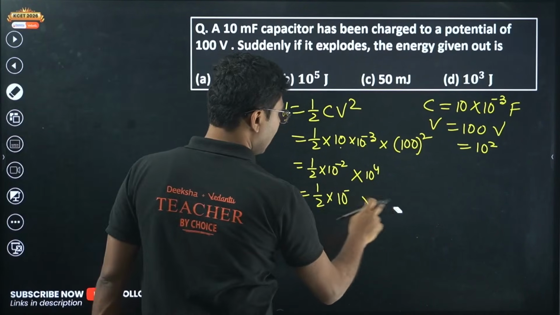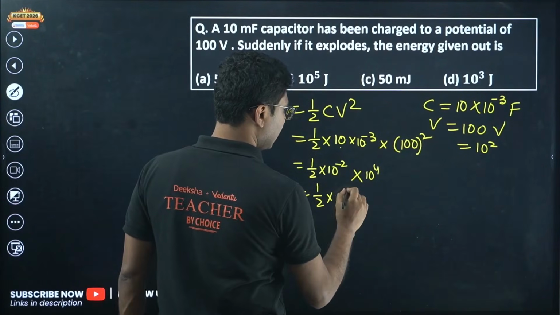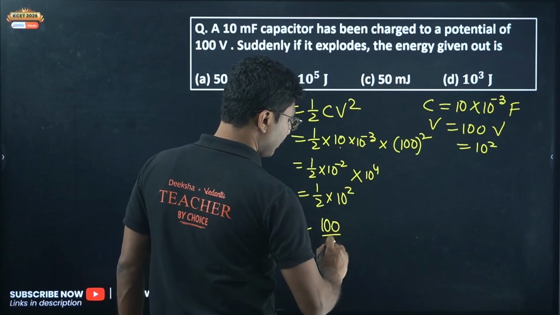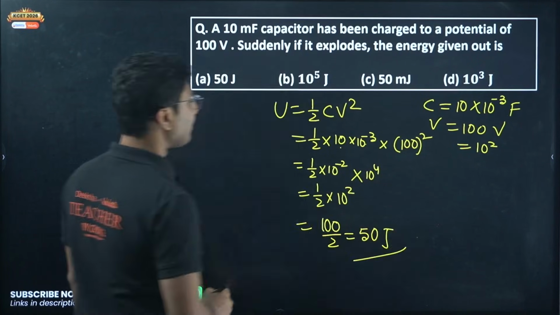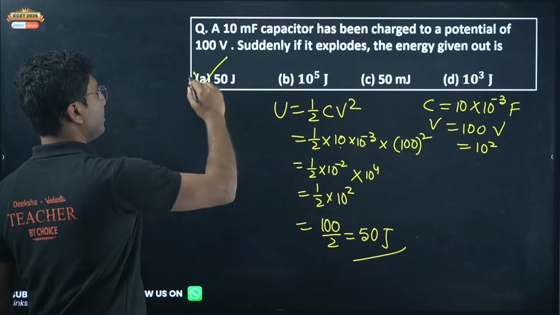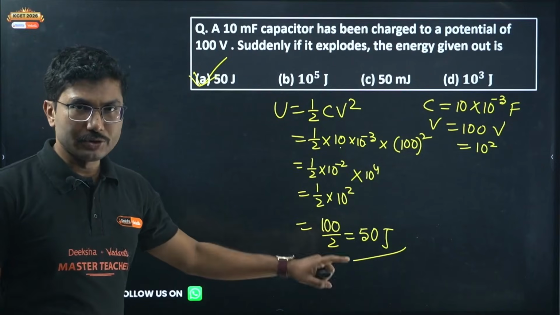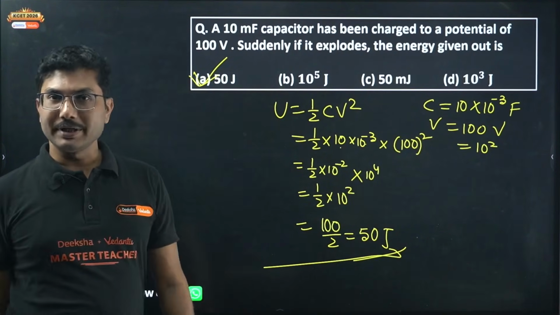Minus 2 plus 4, that is 10 to the power of plus 2. 10 to the power of plus 2 means 100. So 100 by 2, that is 50 joules. The energy given out is 50 joules, not 50 millijoules, but 50 joules directly. So the capacitor will give out energy of 50 joules.